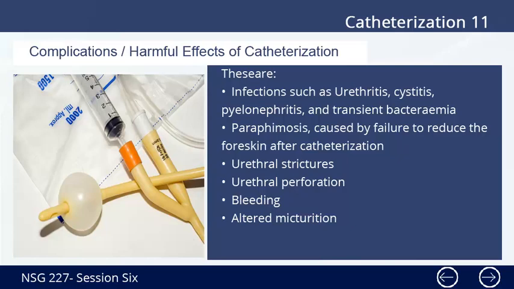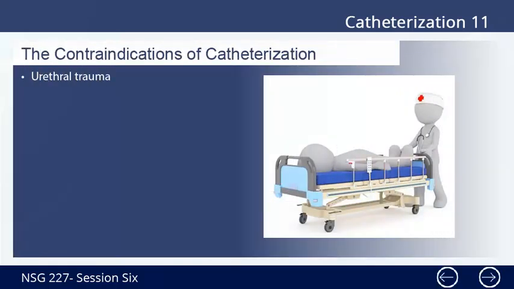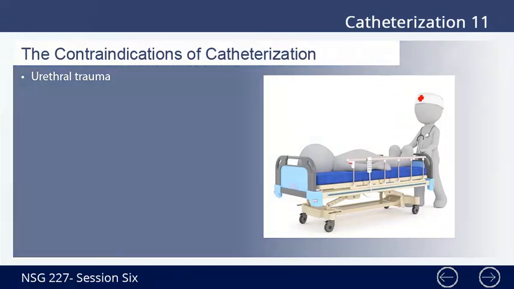Paraphimosis caused by failure to reduce the foreskin after catheterization. 3. Urethral strictures. 4. Urethral perforation. 5. Bleeding. 6. Altered micturition. The contraindications of catheterization: urethral trauma.